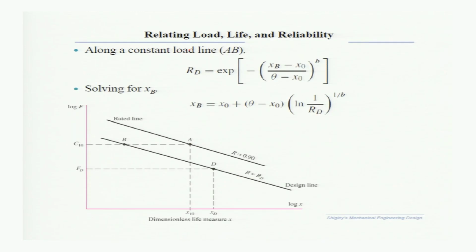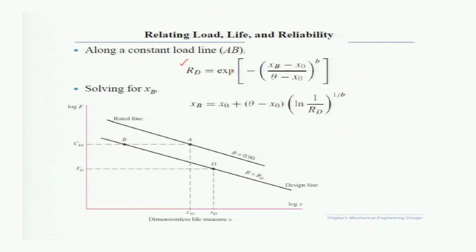Now, along the constant load line AB, here the load is constant, that means FA is equal to FB. So, on the constant load line, the load is constant, but we are moving from reliability 90% to the desired reliability, RD. So, the value of RD is obtained from the equation of the Weibull as we determined in the previous slide.